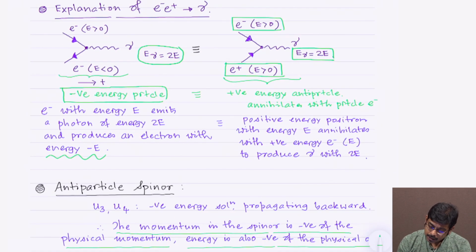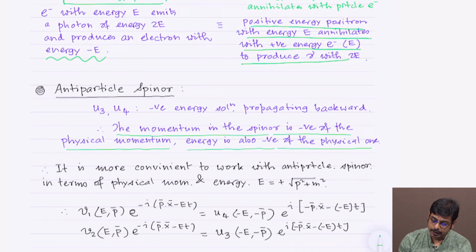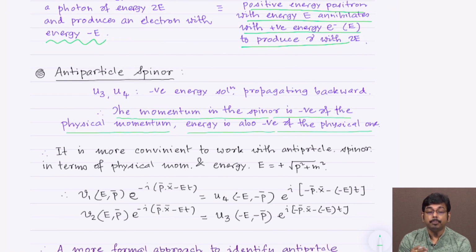So, you can very well have a positive energy positron with energy E annihilating with an electron to produce a photon with 2E. Now, the point is that I can very well have an antiparticle solution also.